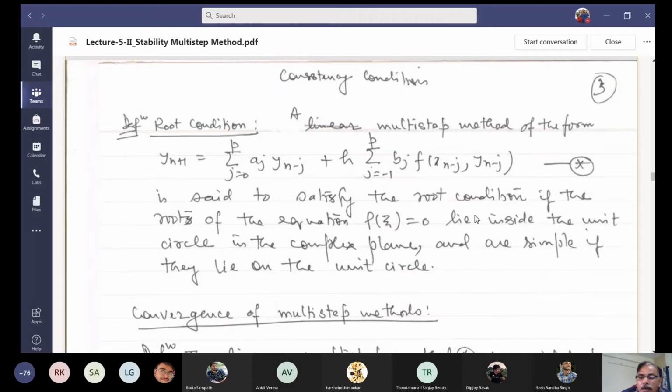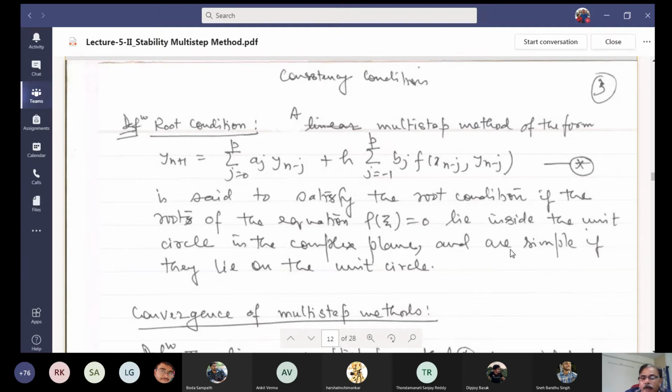If your magnitude of that is strictly less than 1, that is the meaning, the magnitude of xi should be strictly less than 1. The roots lie inside the unit circle means the magnitude of xi should be strictly less than 1. This is the meaning of that? Yes, sir. Okay.